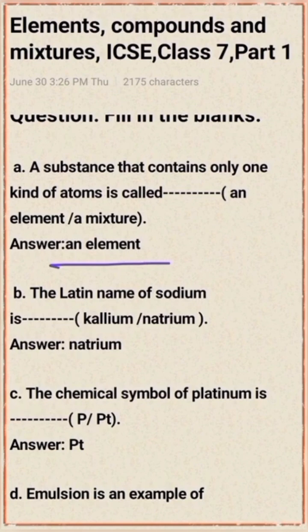Next B. The Latin name of sodium is kalium or natrium. Natrium is the right answer. Next question, C. The chemical symbol of platinum is P, that is phosphorus, or Pt, that is platinum. Pt is the right answer.